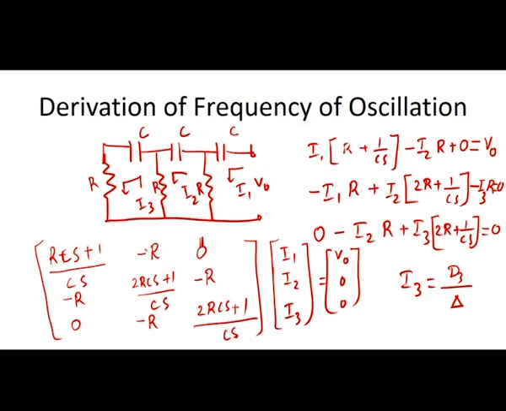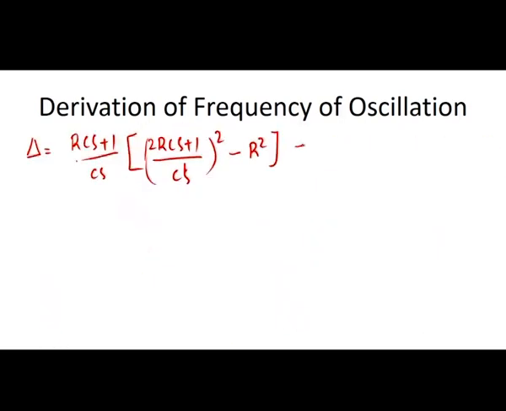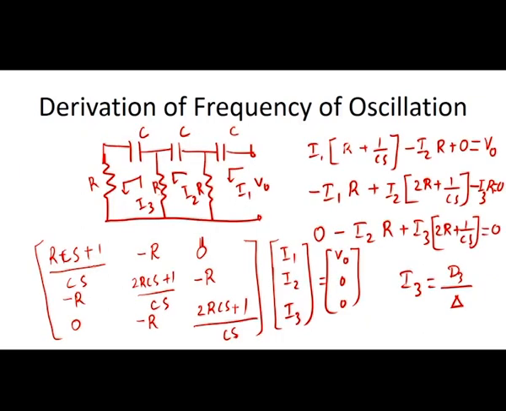You have minus here, so put plus R. So leave this particular column and this particular row. You have minus R into 2RCs plus 1 by Cs.